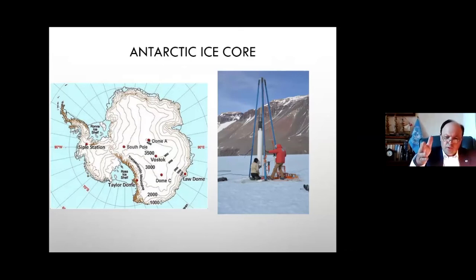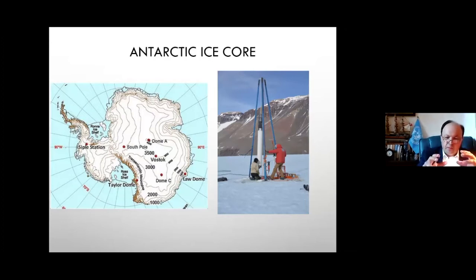What we've got on the right, in that picture of those scientists, is that they are drilling very deep levels of what is called the ice core of the Antarctic shelf, or the Antarctic cap as well.